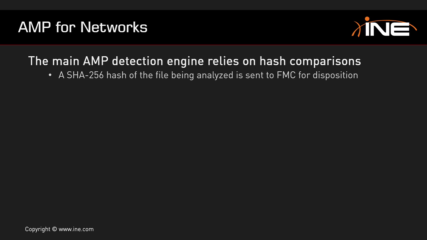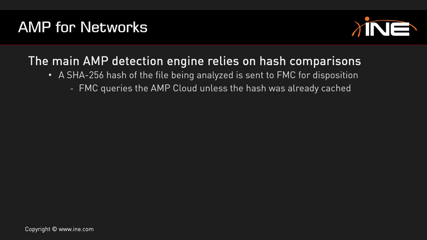Specifically, it is going to be a SHA-256 hash that we calculate on a file, and this is what FMC is going to send to the AMP cloud to retrieve a disposition or just a reputation of a hash. Those hashes will always be unique, especially with SHA-256.